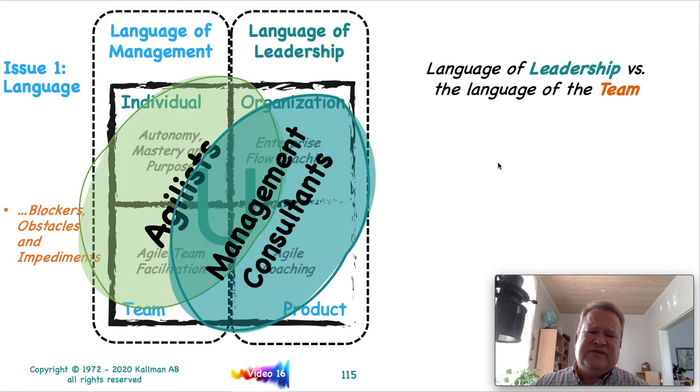Okay? So again, we're looking at the language of leadership versus the language of the team in this. And the Agilists are primarily focused at the team and individual level with a little bit in the product area. They're not going to like what I say, but that's my observation now in the last 15 years of being a certified Scrum Master and a certified Scrum Professional, or practitioner, whatever it's called, for the CSP.